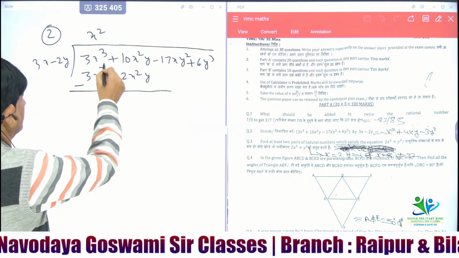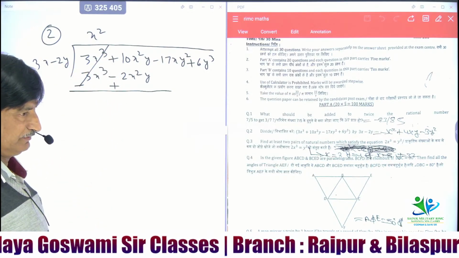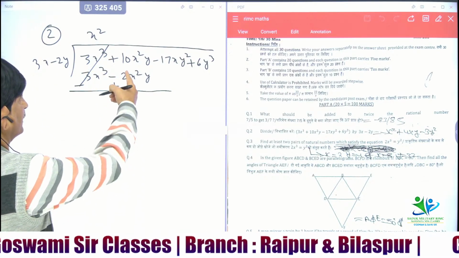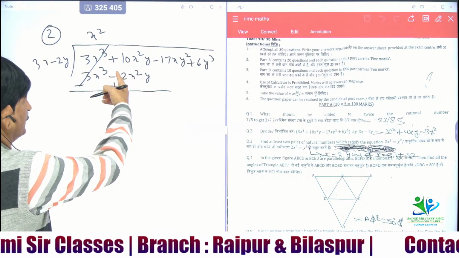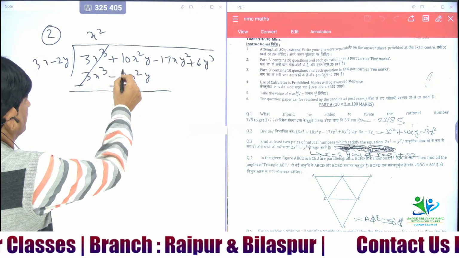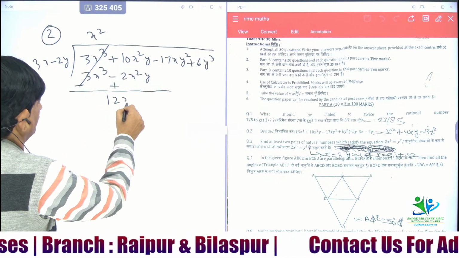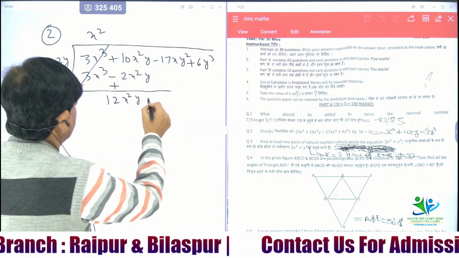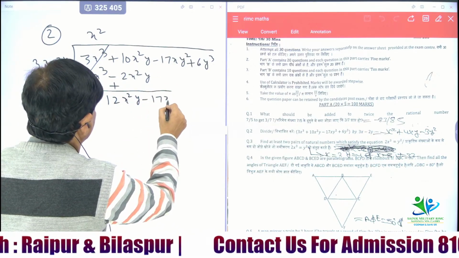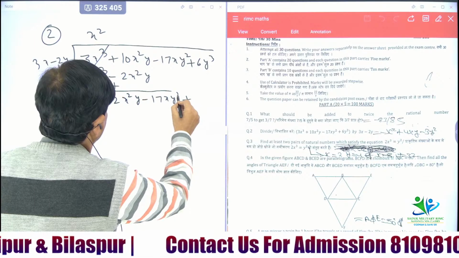Subtract and it cancels. Now this one is 10 positive and here 2 positive. Therefore you get 12x square y. Next term is minus 17xy square plus 6y cube.